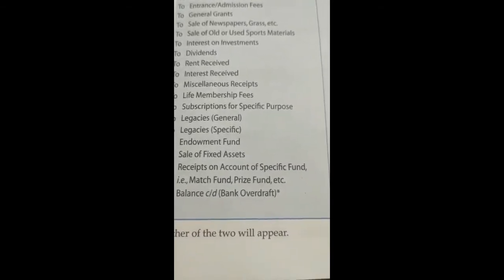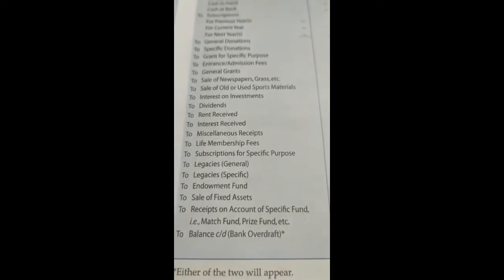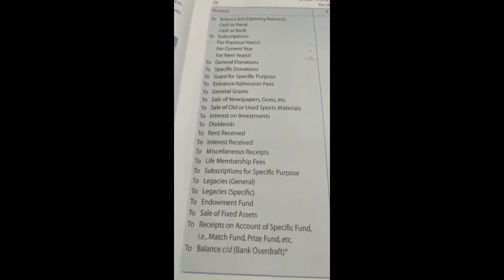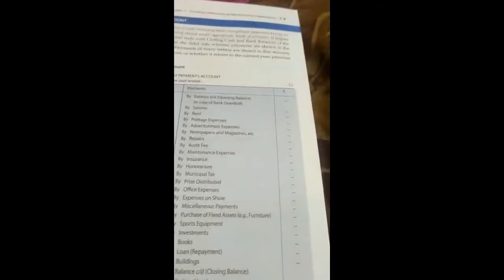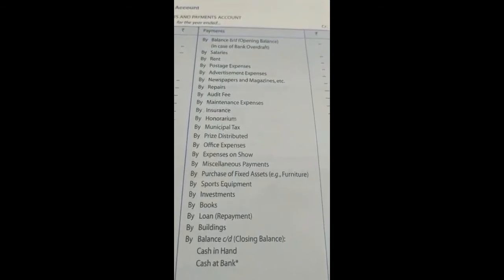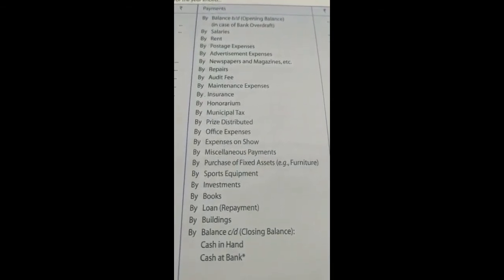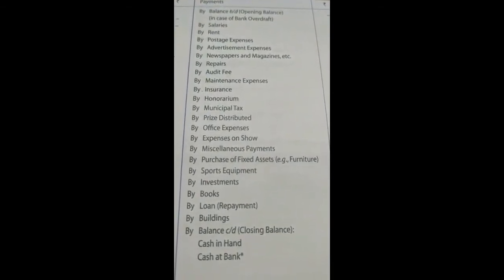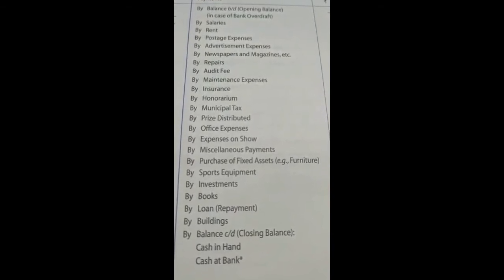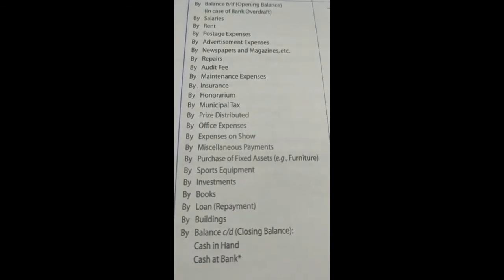When you sell any asset, whatever amount you get is your receipt. Here we are looking at payment. On the payment side, when you purchase any asset, whatever amount is paid is classified as a payment. So here it is by purchase of fixed asset.